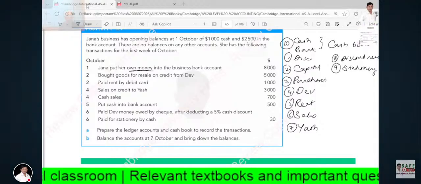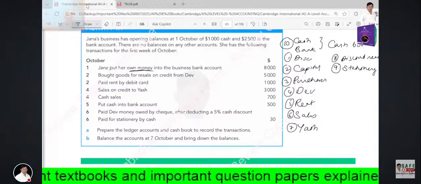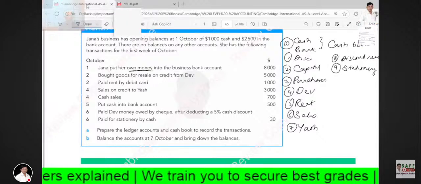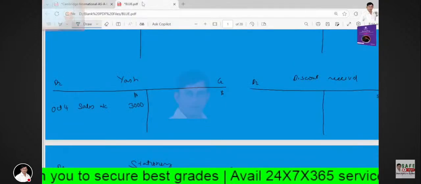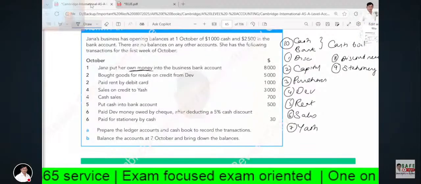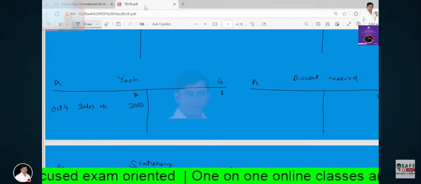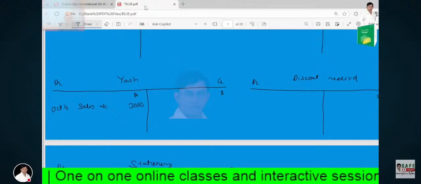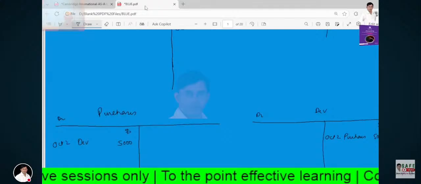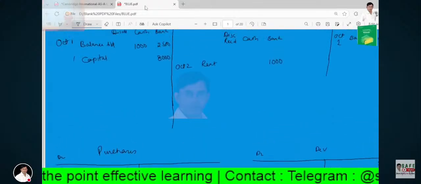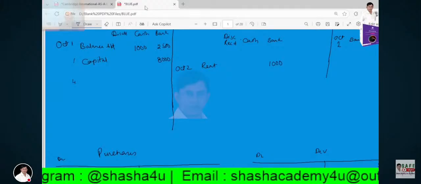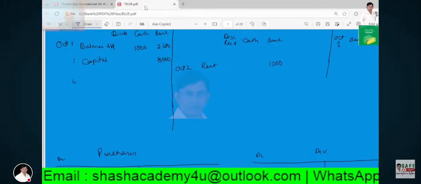Next, cash sales 700. What is happening? Sales is happening and cash is coming. Date 4th, cash sales 700.